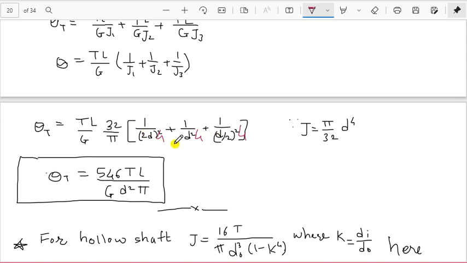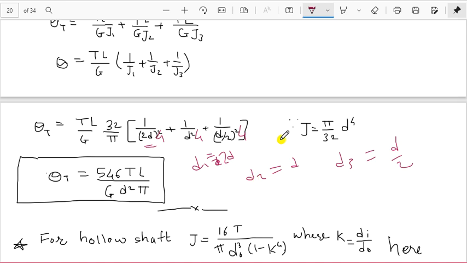So finally, by putting the values of D1, D2, D3, where D1 is given as 2D, D2 as D and D3 as D by 2, we will get the total deformation or total twist angle at the extreme plane or cross section.